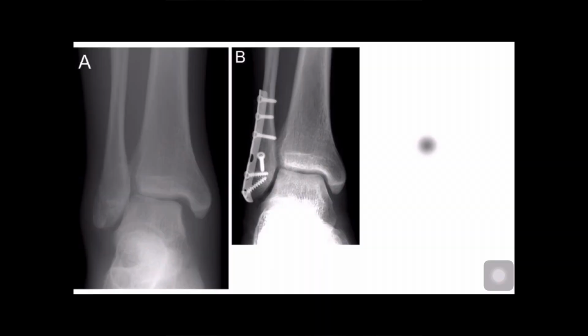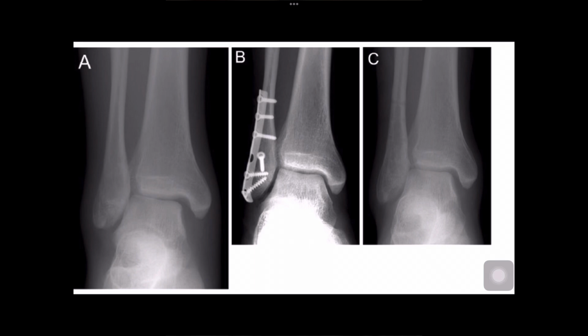But after removing the implant, the patient's complaints are still there. He is still complaining of giving way. When the stress test was performed, it was found that the medial clear space is increased. It is more than the tibiotalar space, and when we compare these two spaces, if one space is more than 1 mm compared to the other, then this finding is significant. That means the deltoid ligament is ruptured here, it was missed.